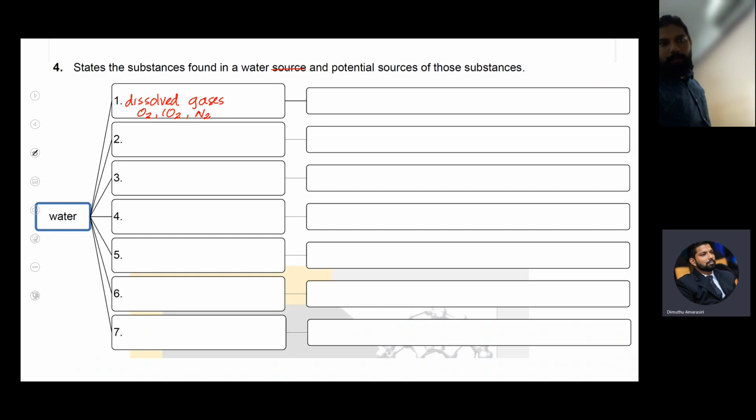We can start writing, and write the source also.